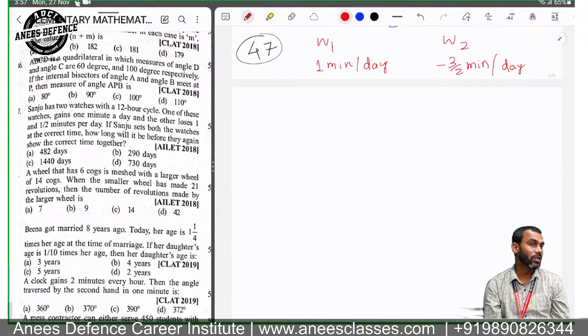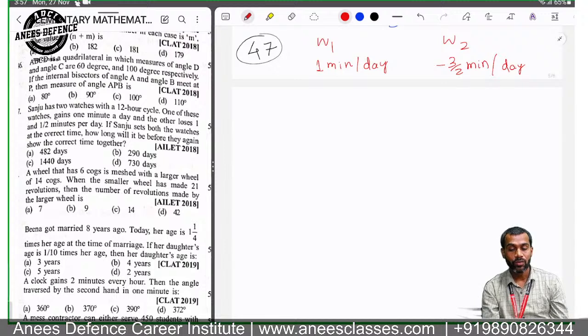We had to find out the time taken by each wheel to complete one revolution. Here it is minus 3/2. It loses 1.5 minutes per day. It is already there in the question. Question number 47.